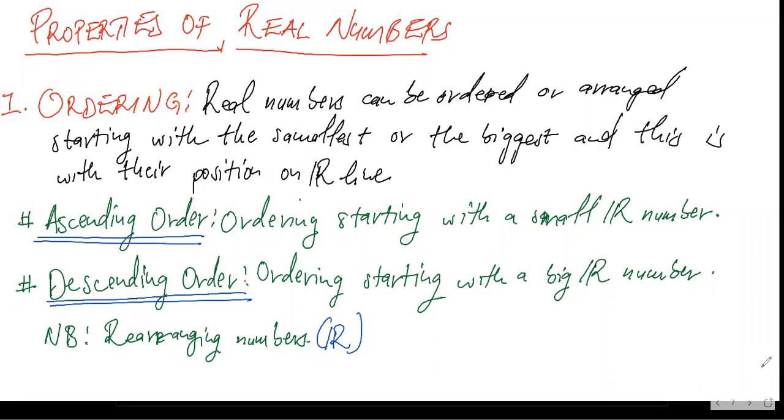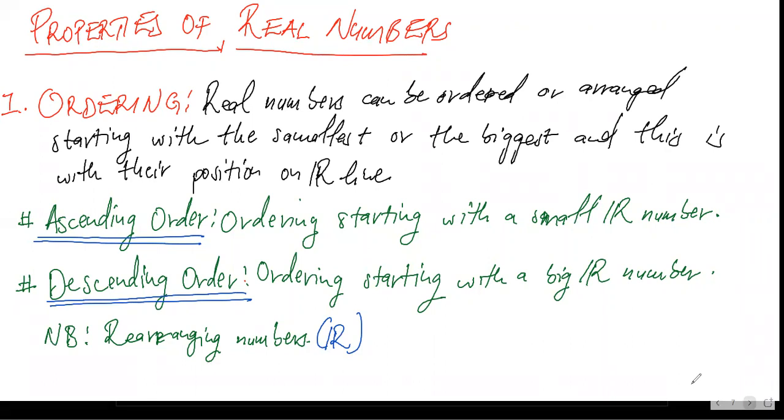Ascending order is when you are rearranging or ordering them starting with the smallest real number. And descending order is ordering starting with the biggest real number. And rearranging numbers is simply ordering. So that is how easy it is.